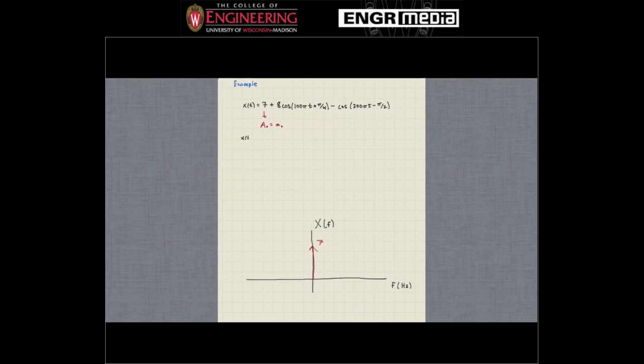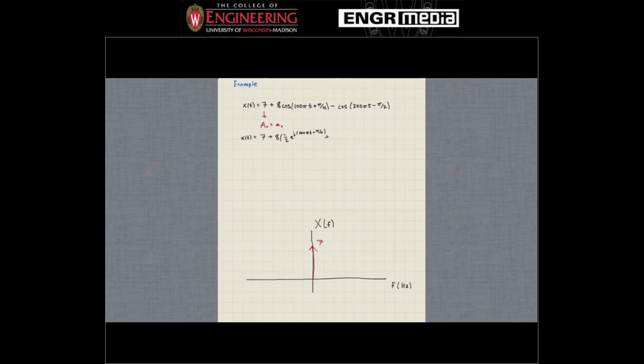x of t is going to be equal to 7 plus 8 times 1/2, I'm just using Euler's identity, e to the j, parentheses, 100 pi t plus pi over 4. Remember Euler's identity.